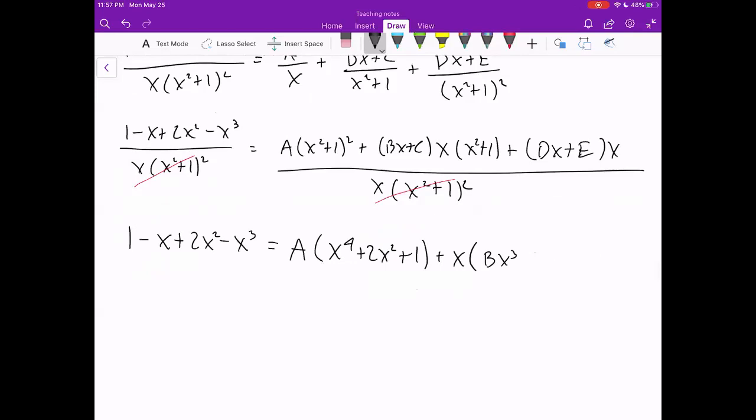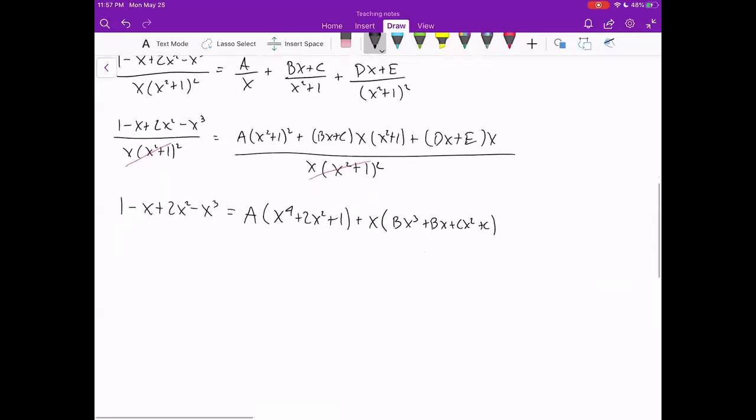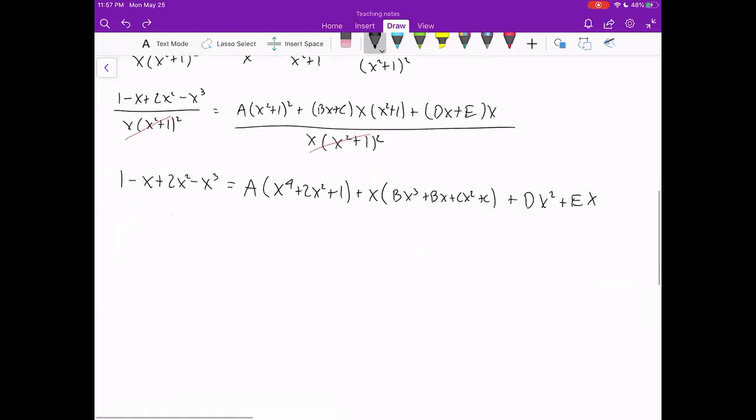So Bx cubed plus Bx plus Cx squared plus C. I'll give myself a little more room. And then plus Dx squared plus Ex. I've already done the division there, so I've gotten rid of that.